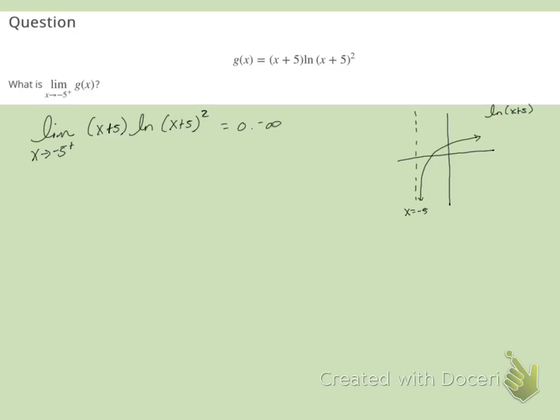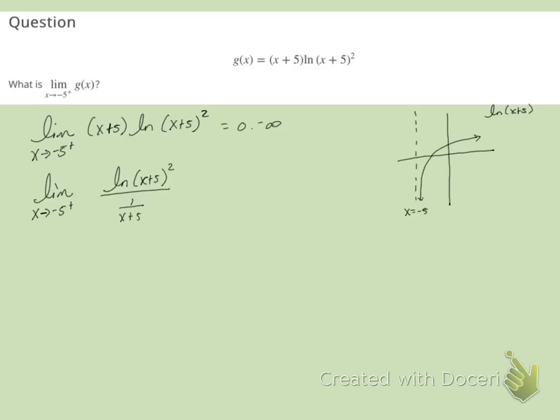So we want to manipulate this so that we get an indeterminate form of 0 over 0 or infinity over infinity. So we're going to rewrite this as the limit as x approaches -5 from the right of the natural log of x plus 5 squared, and then we're going to put the x plus 5 in the denominator by writing it as 1 over x plus 5.